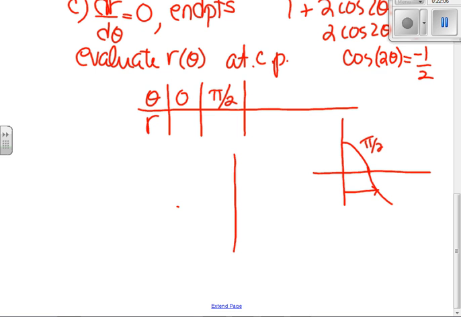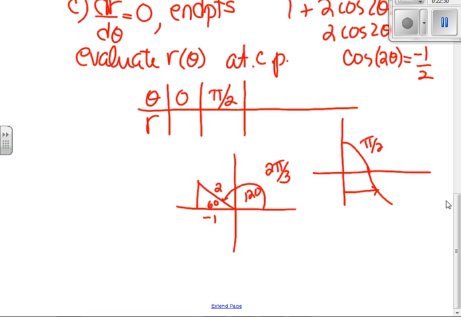So that'll be in the second quadrant. I want to find an angle whose cosine is -1/2. So this is a -1, this is a 2. How many degrees is that? This is 60. So this is 120, and 120 is 2 pi over 3.